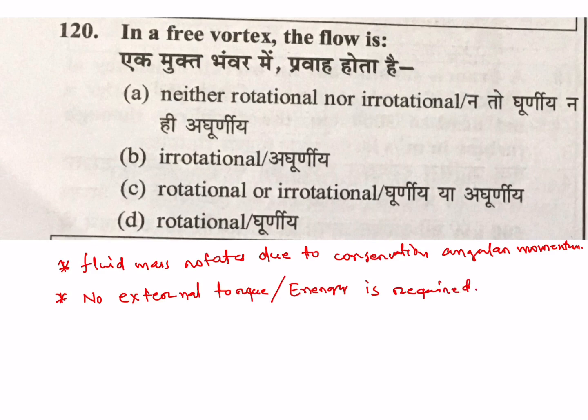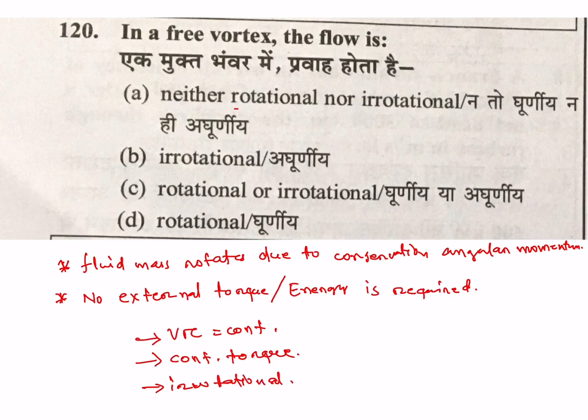Then the equation V into R is equal to constant, and the flow is irrotational. So from the options we will check: neither rotational nor irrotational, irrotational flow, rotational or irrotational. Rotational. So B is your correct answer.